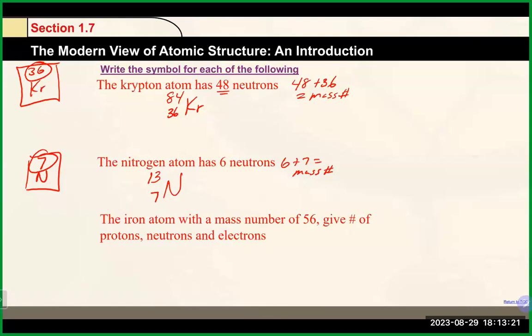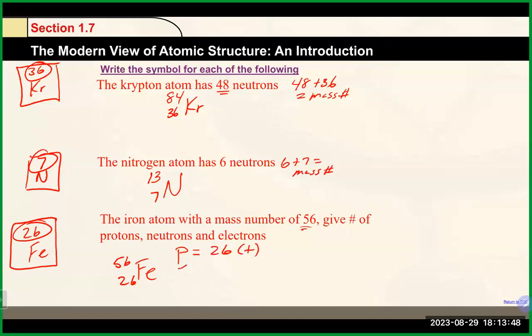And lastly here, if we take a look at iron, 26 over there is iron, which is Fe. Once again, that is going to be our atomic number, which is our number of protons. So we will have Fe 26. In this case, they actually gave us the mass number, which is 56. That would tell us for this iron we do have 26 protons.